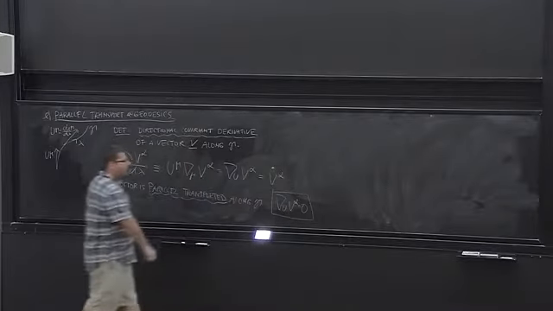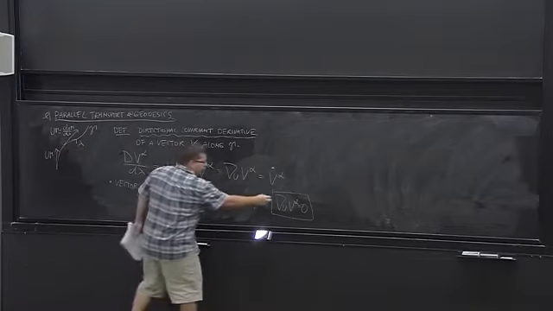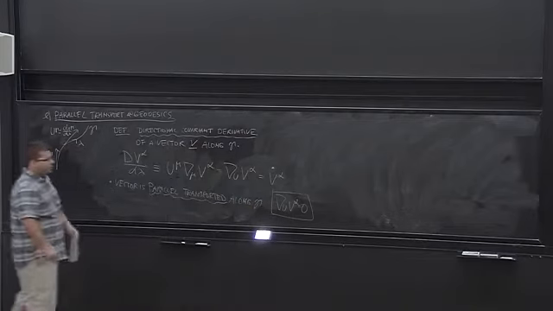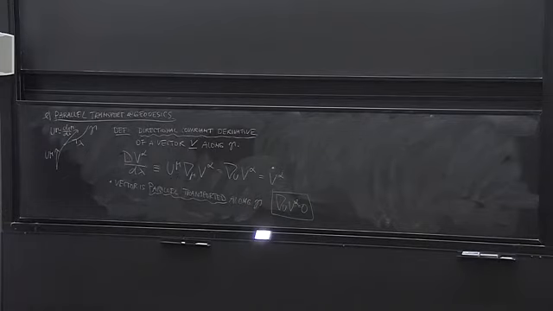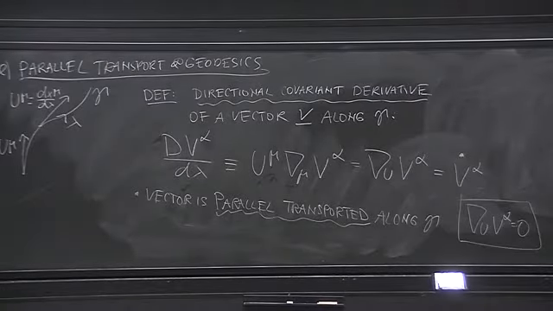So vector v will be parallel transported along my curve gamma with the tangent vector u, provided that nabla u v alpha equals 0.